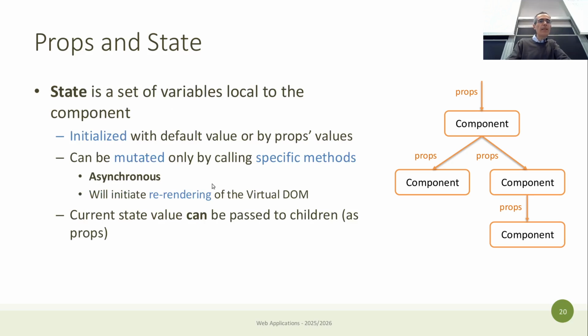The state instead is not props, it's local to a component. We will come back to this, so you will not see state passed from one component to the other. But the important thing is that the state is just a JavaScript value. It can be an object, an array, whatever you want. And since it's a value, it can be passed as props to children components. You cannot pass these values up to the parent components because there is no arrow that goes up.